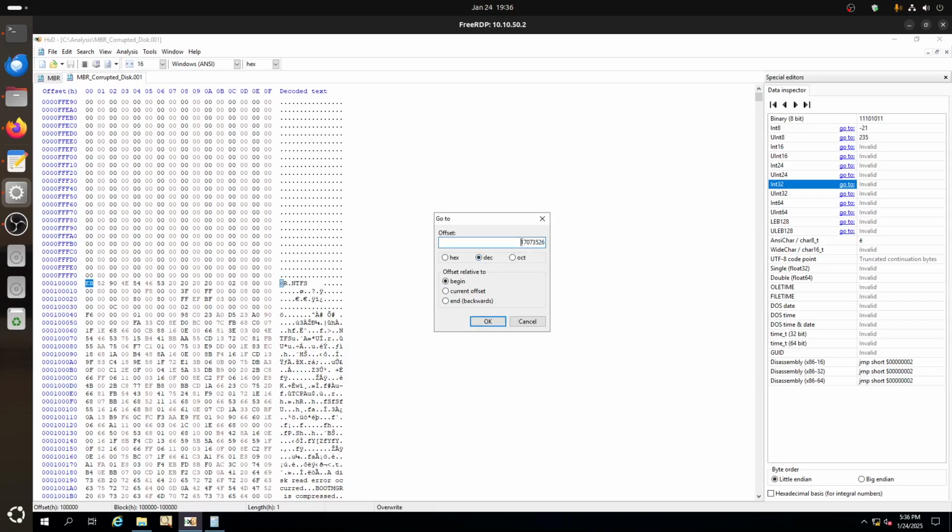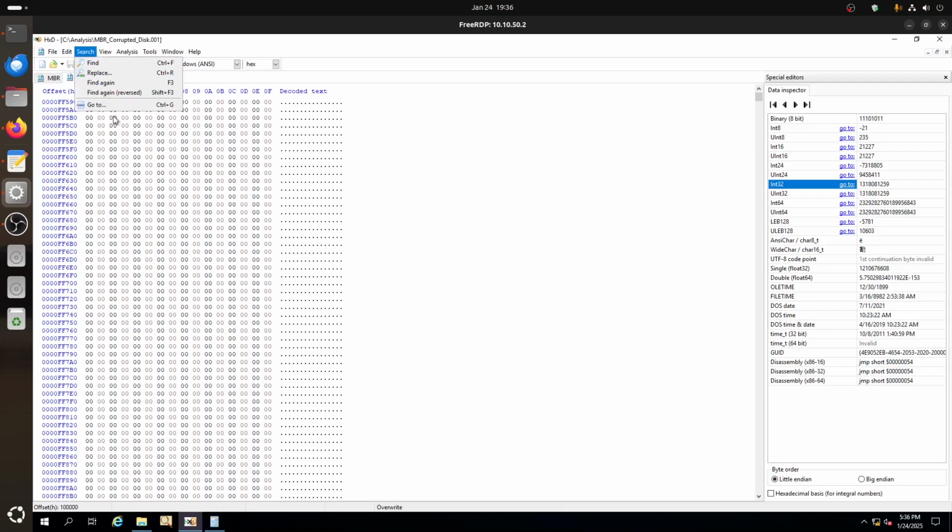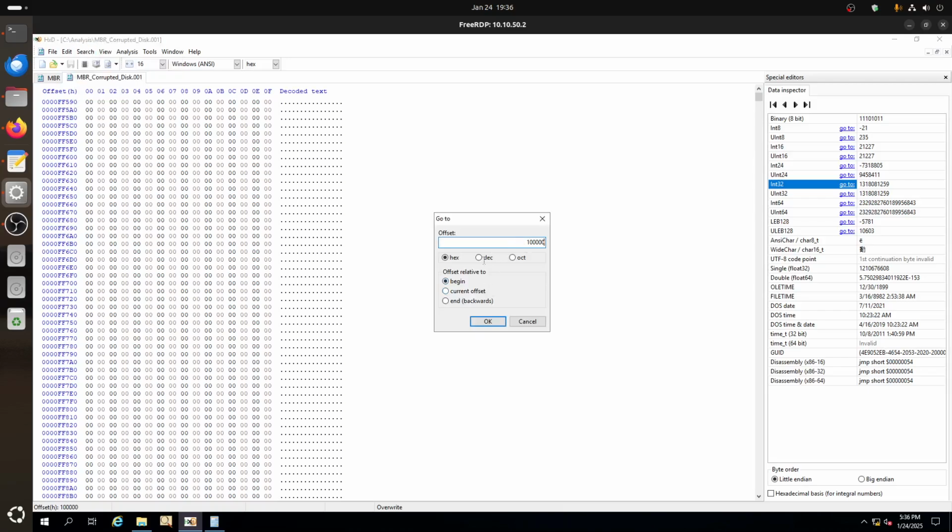So you need to select decimal first, then put your correct value, and then it comes here to the EB. Now I would like to know how you can go to the top. Let's say search, go to, decimal.